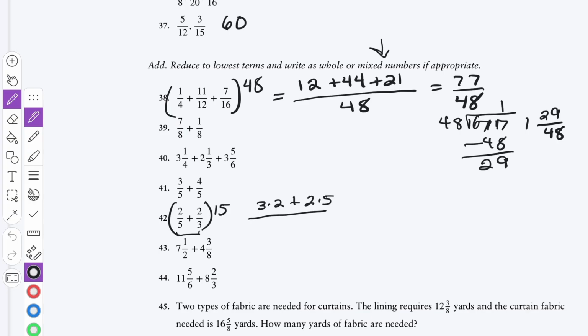Okay. Over 15. And I get 6 plus 10 over 15, which is 16 over 15. And once I divide, I get 1 and 1 over 15.